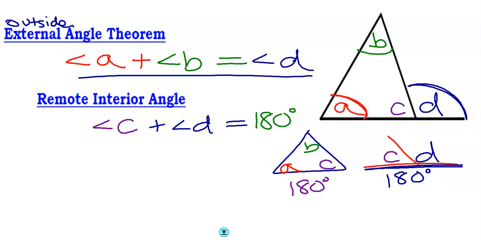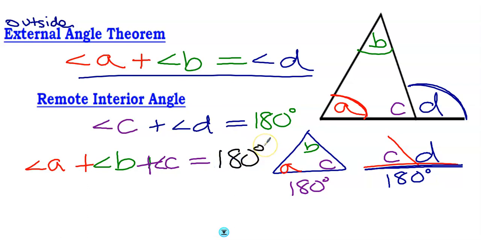All right, so let's try that out. So angle A plus angle B plus angle C, trying to get my colors together, guys. Angle C equals 180 degrees. Okay? And angle C plus angle D also equals 180 degrees.